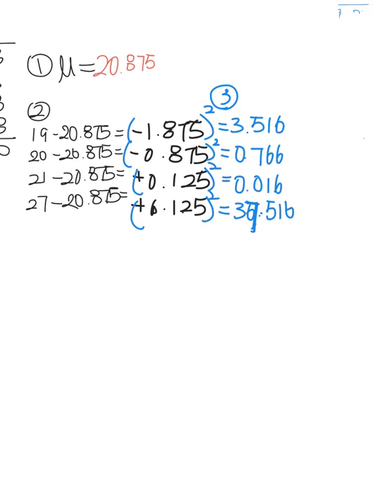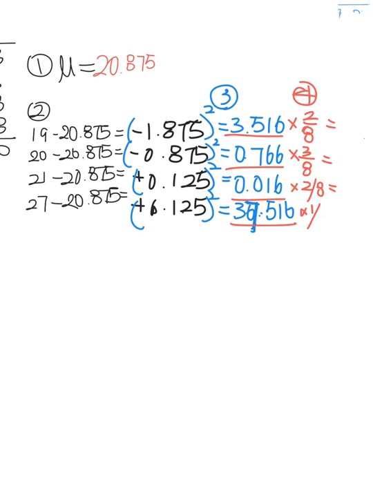Step 4 was the new one. What? Times each probability. 19 had 2 out of 8. 20, 3 out of 8. 21, 2 out of 8. And 27, we had only 1 out of 8.